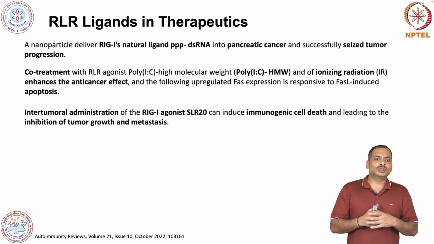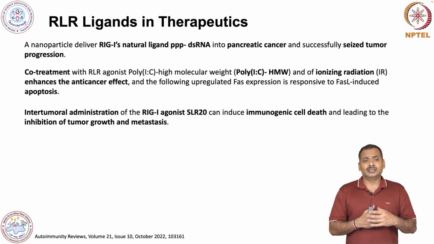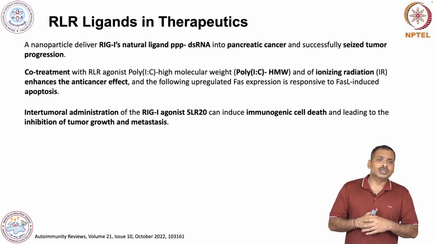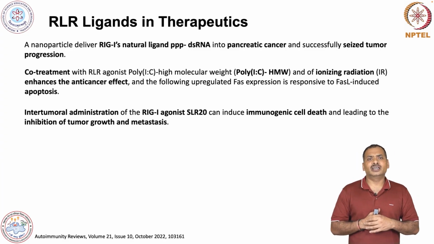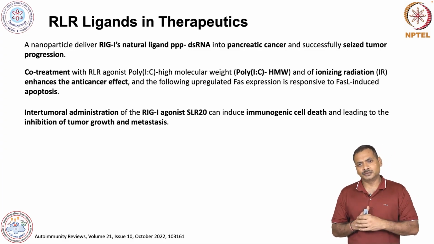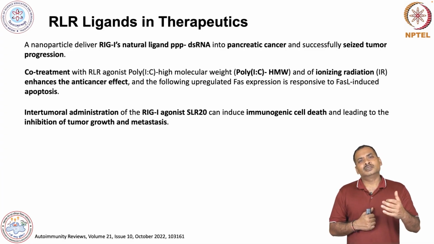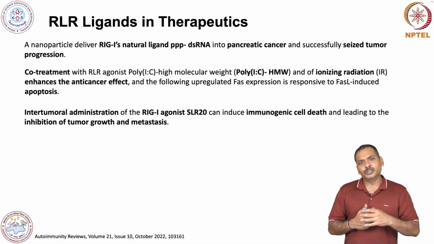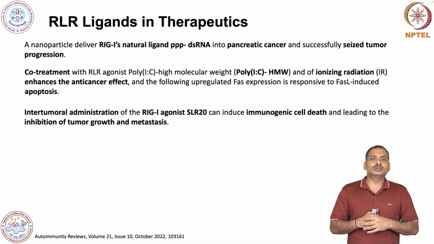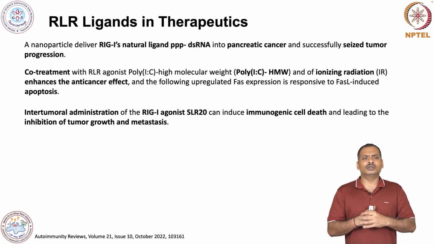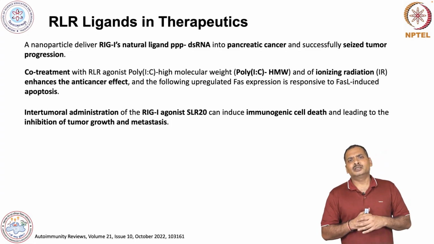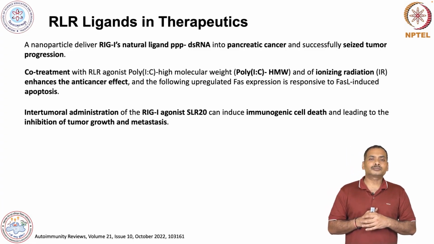People also showed intratumoral administration of RIG-I ligand. If you introduce this RIG-I ligand in a solid tumor, then it will also cause immunogenic cell death, leading to the inhibition of tumor growth and metastasis, okay.